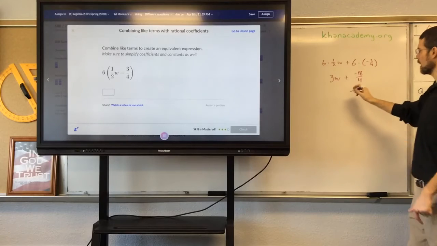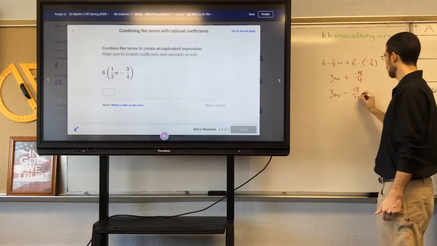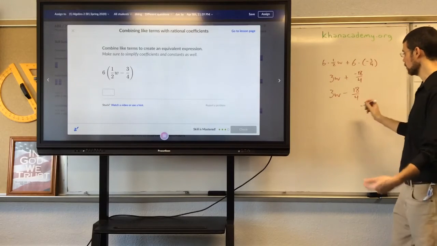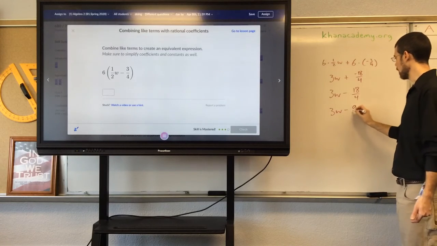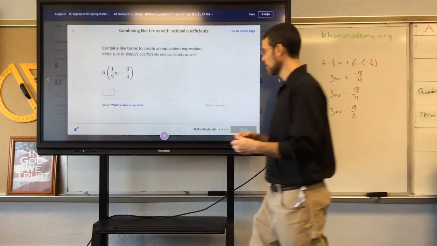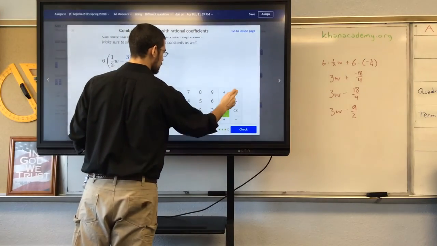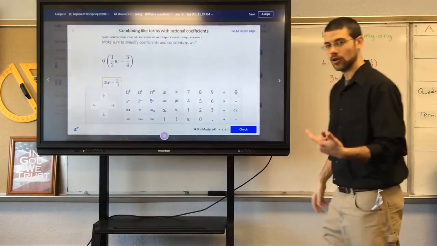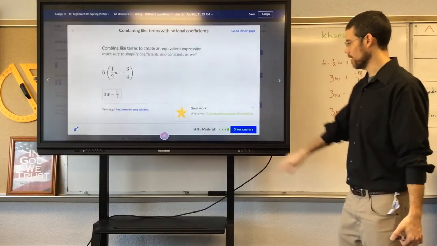Now, if I'm adding a negative, that's subtraction, so I can write it like this. And then I notice that 18 and 4 are both divisible by 2, so we can reduce. 3w minus 9/2. Make sure what you entered is what you meant to enter. And we are done.